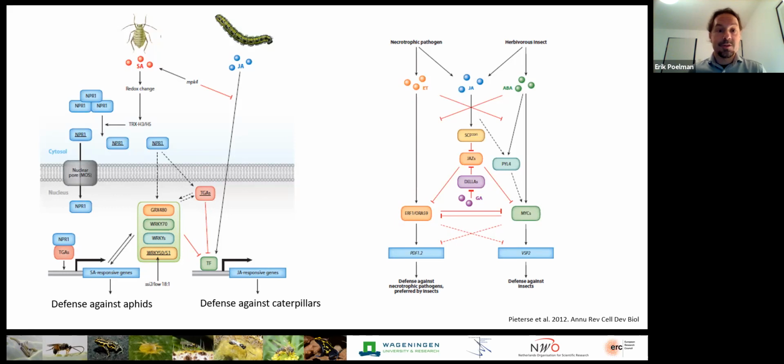For aphids, we know, for example, that the phytohormone salicylic acid is really important, and the whole signal transduction cascade that is regulated through salicylic acid is an important aspect in how plants defend themselves or regulate defenses against this aphid. For caterpillars, we know that it's more important that the jasmonic acid route, and that determines how well the plant defends itself against this particular group of leaf-chewing herbivores.